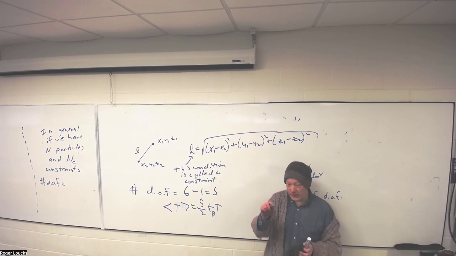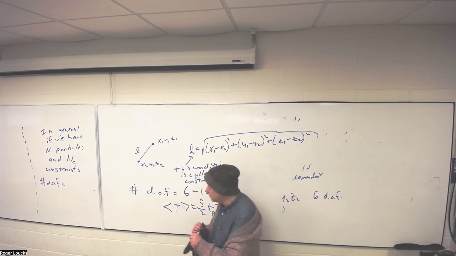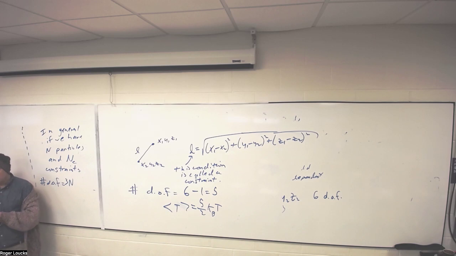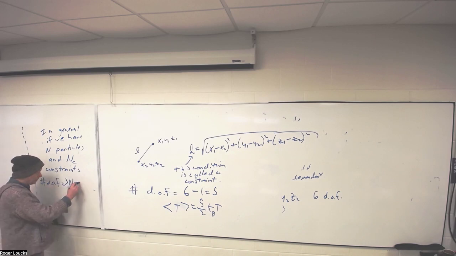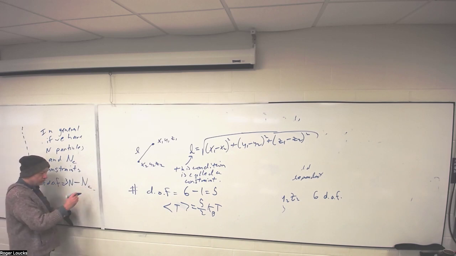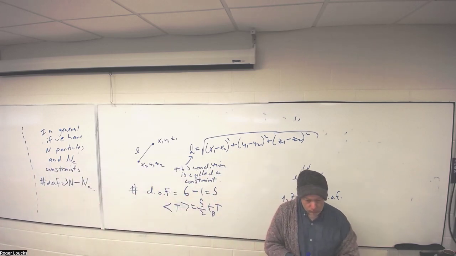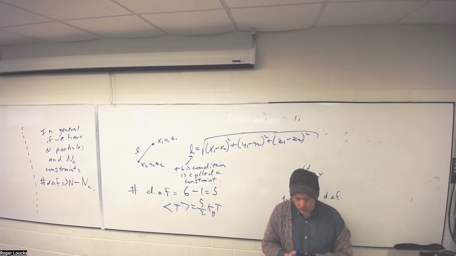Each particle would have what? 3 degrees of freedom. I have n, so I'd have 3n. Then what would I have to do? Subtract the number of constraints. That makes sense, because each of the constraints is an equation that defines a value of a variable. Exactly.